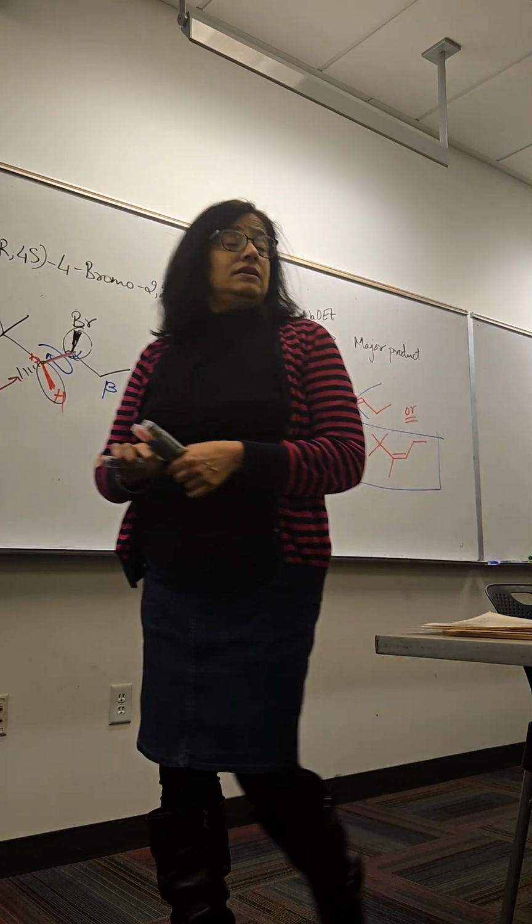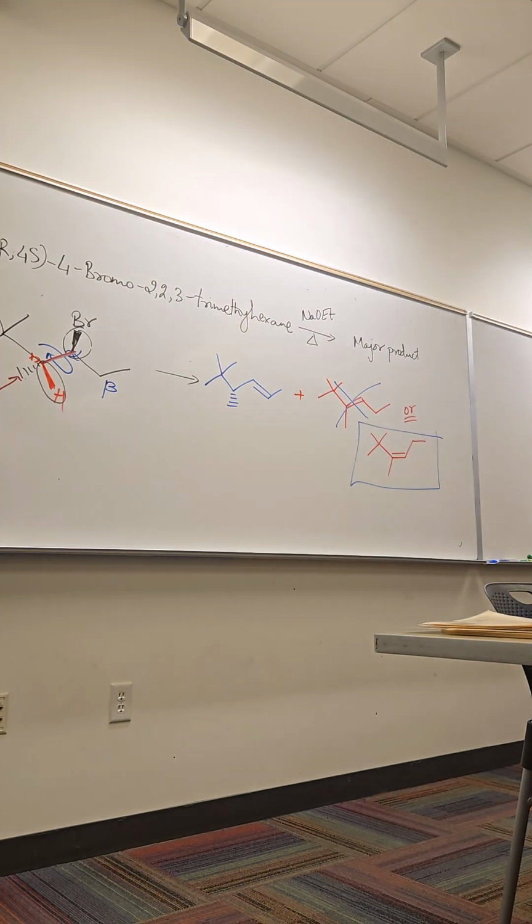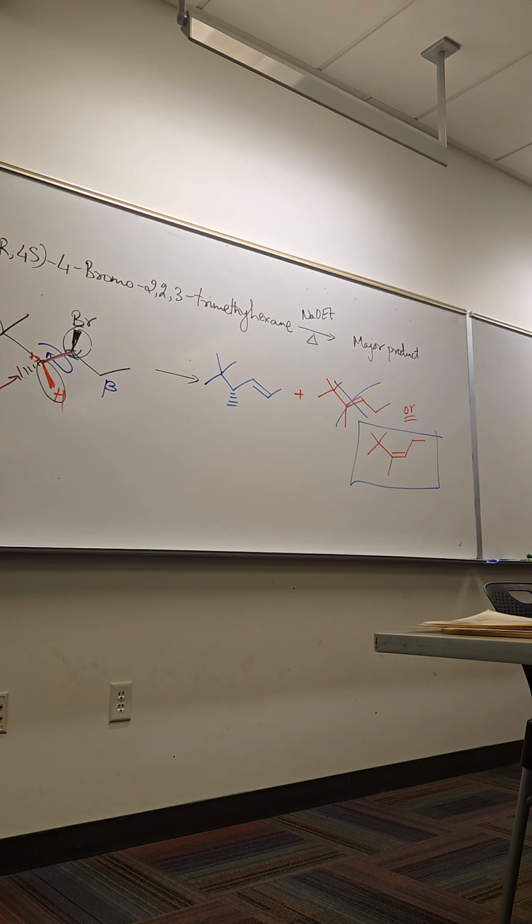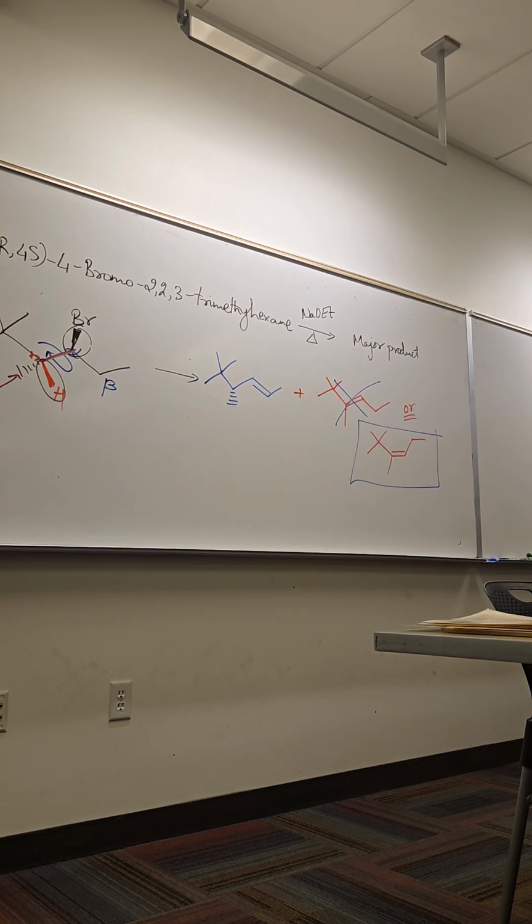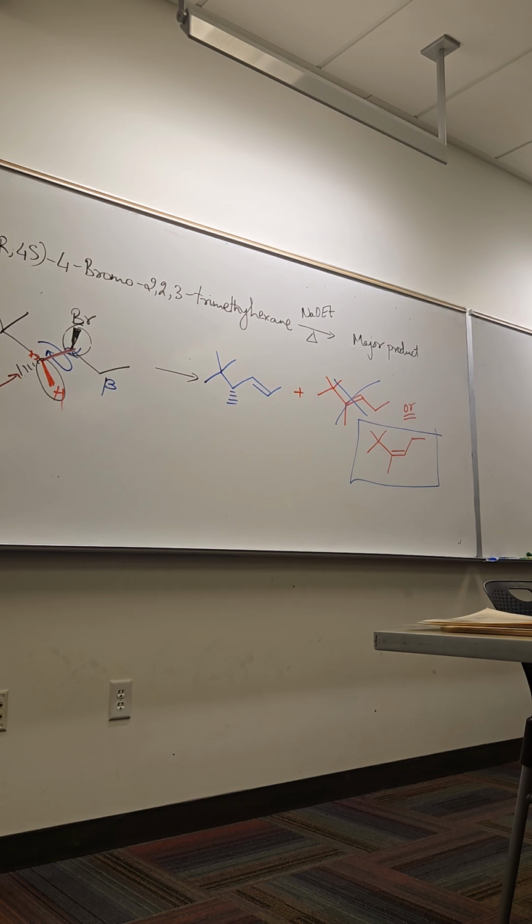So the idea is, in order for E2 to happen, the carbon-leaving group bond and the beta carbon-hydrogen bond must be anti. Otherwise you can't do elimination. We can't do E2. Are you guys with me? Okay, same thing. Let's do the next one then.